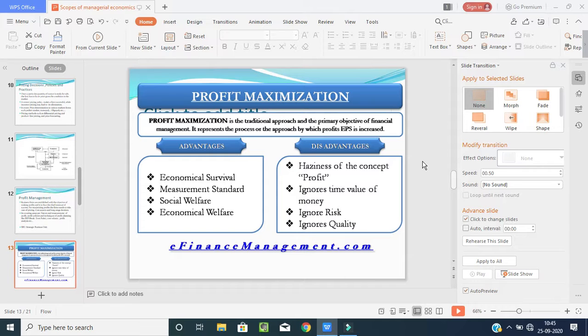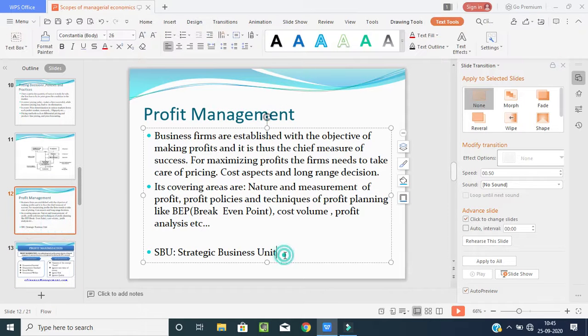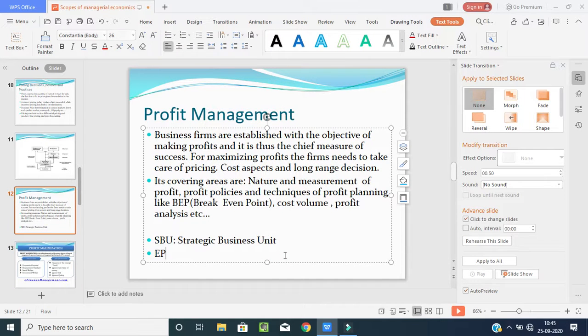And now here, what do you mean by EPS? EPS is nothing but earning per share. That means with profit maximization, how much profit we are going to generate. EPS is nothing but earning per share, that means per unit how much we are going to get.